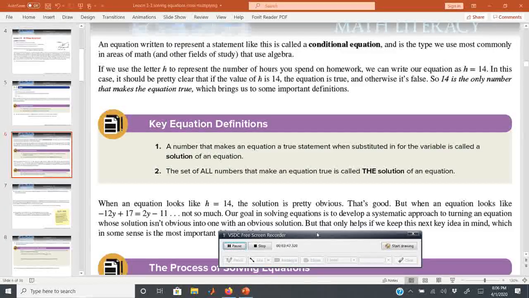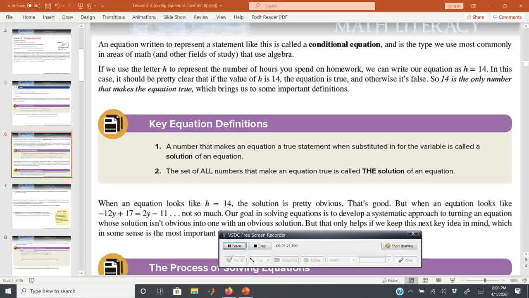If we use the letter H to represent the number of hours you spend on homework, we can write our equation as H equals 14. It should be pretty clear that if the value of H is 14, the equation is true, otherwise it's false. 14 is the only number you can plug in for H which makes the equation true. And that's what we're going to be looking for a lot in today's lesson.